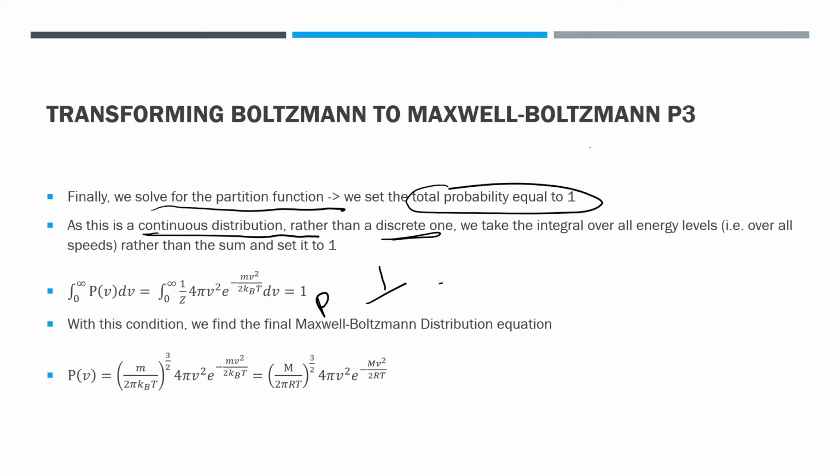But in this case, we want to take an integral because this is a continuous distribution. So we're going to take the integral over all energy levels, and that means over all speeds, because remember, energy is determined by the speed, the velocity. We're doing this instead of a sum, and we're going to set this total integral to 1. What are all the possible speeds?